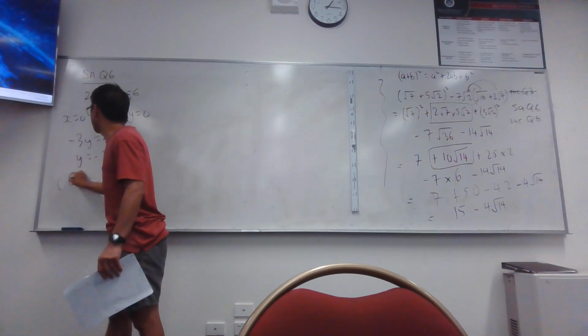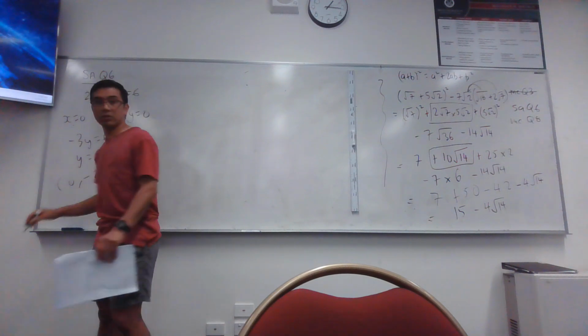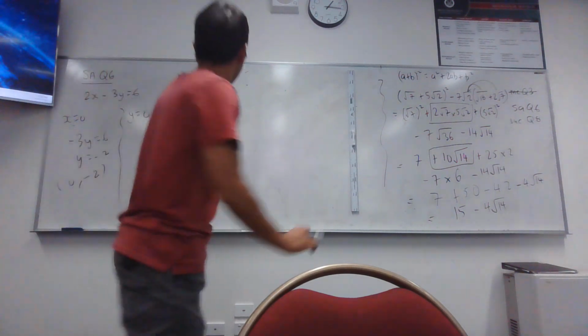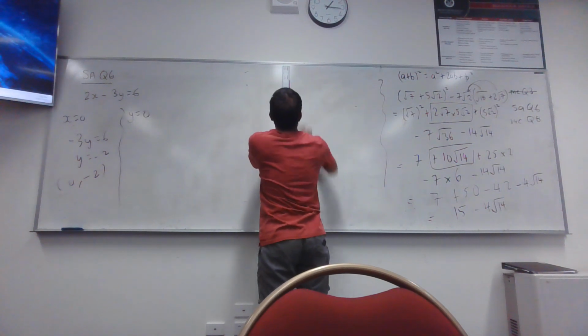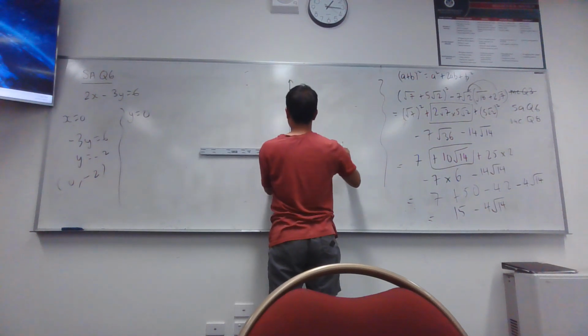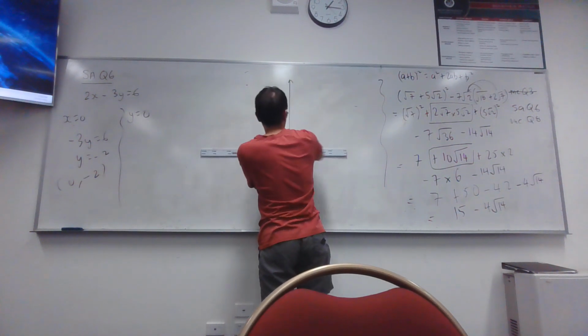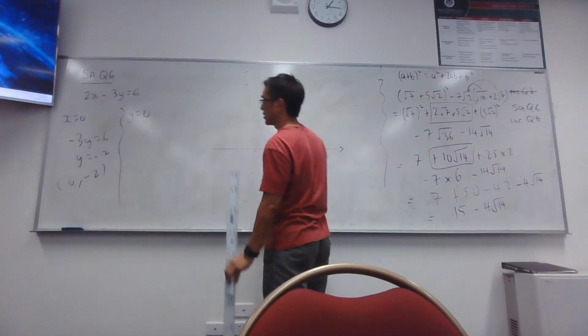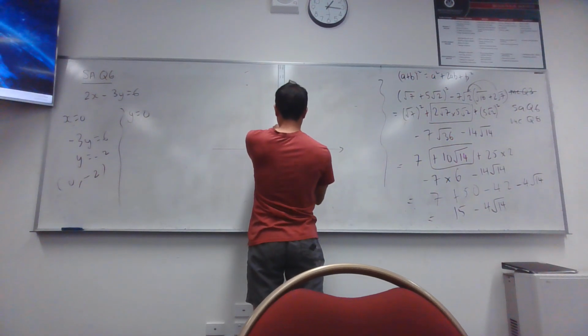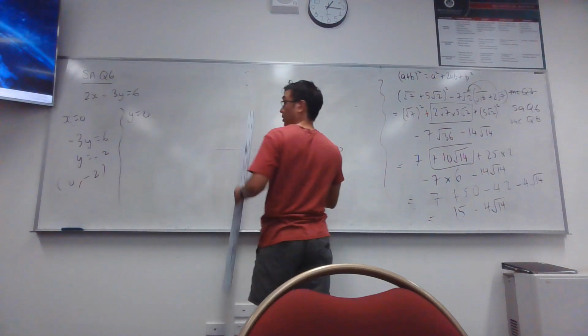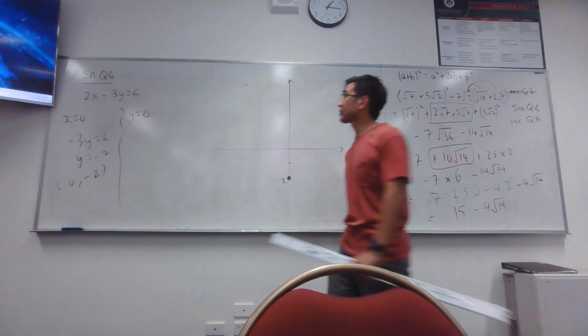So we know that at 0, negative 2 is part of the graph. So 0, negative 2. We know that's a coordinate.